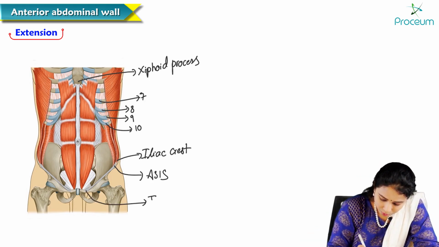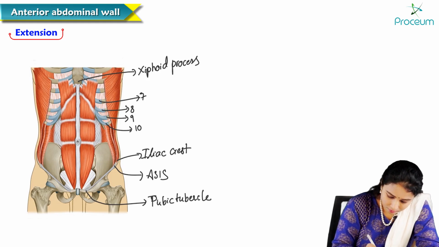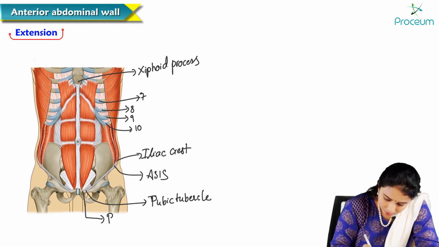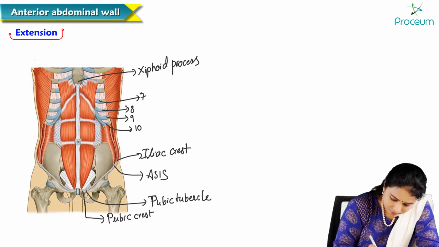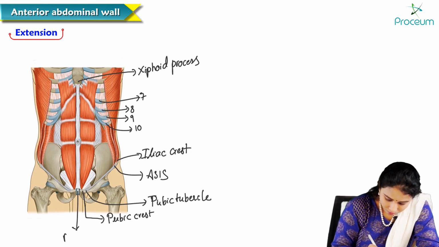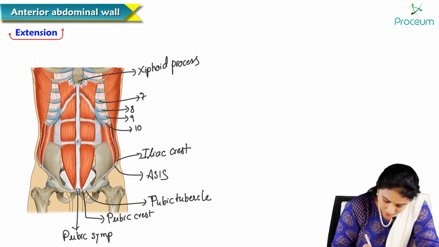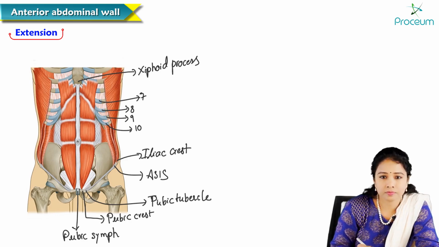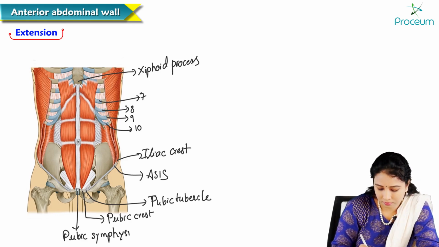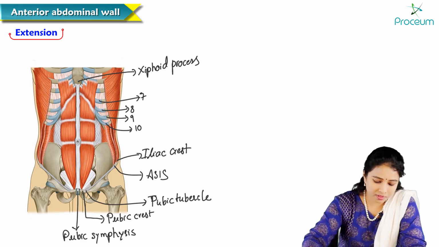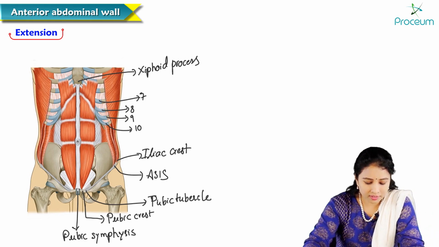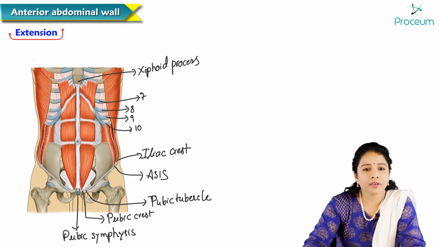So, pubic tubercle, pubic crest, so pubic symphysis. So this is the extent of anterior abdominal wall.